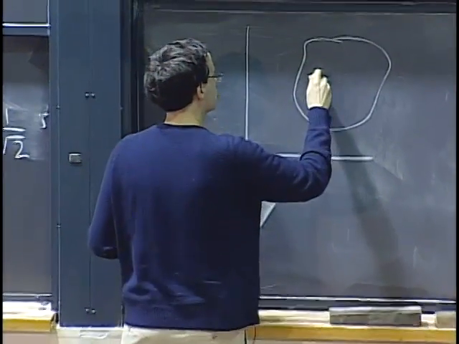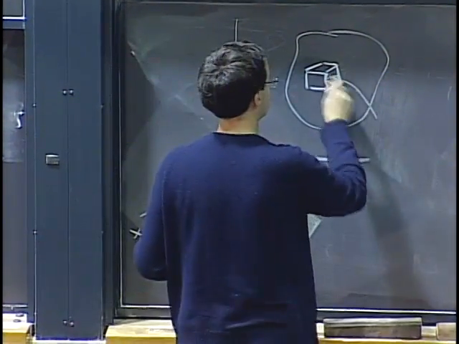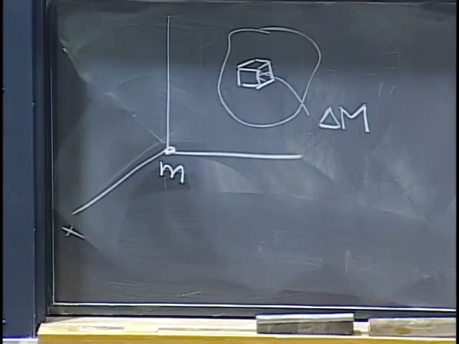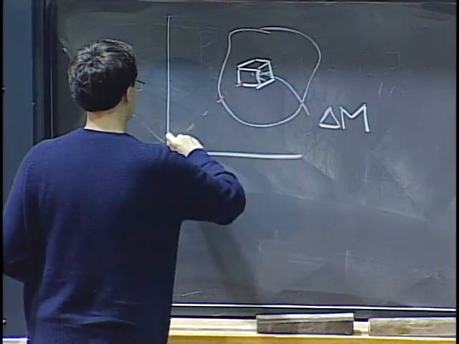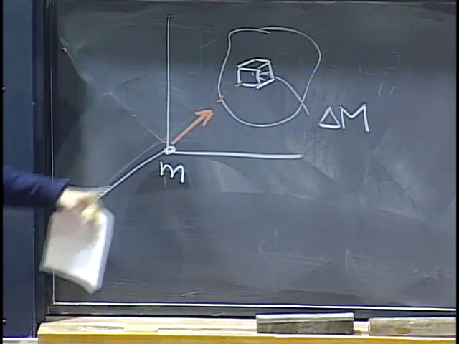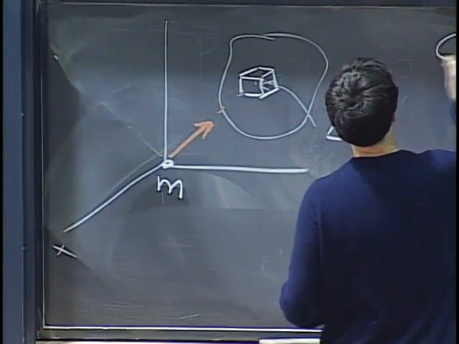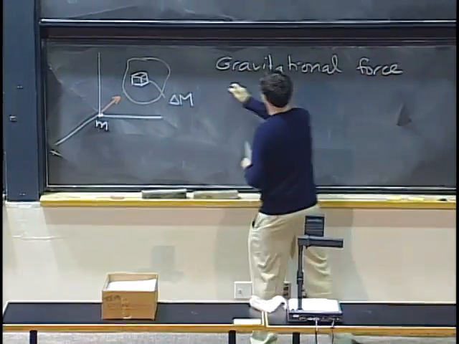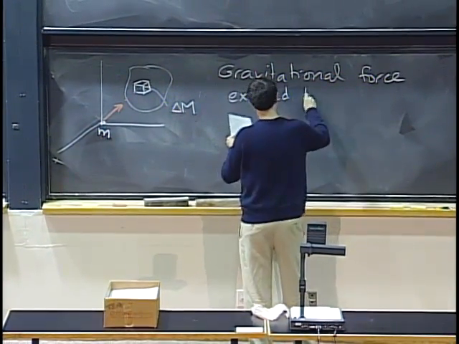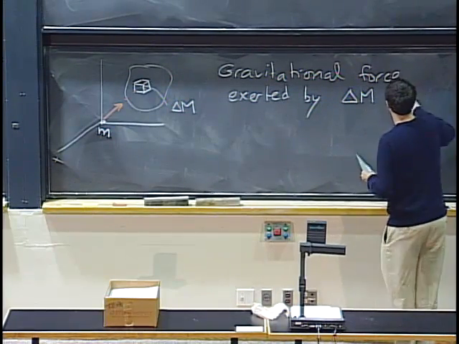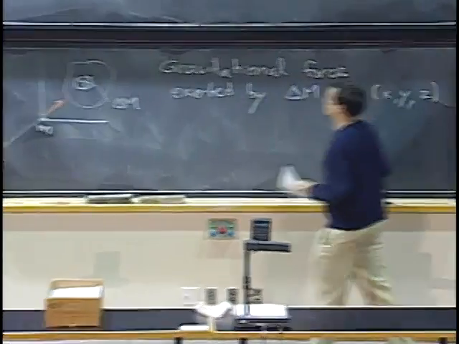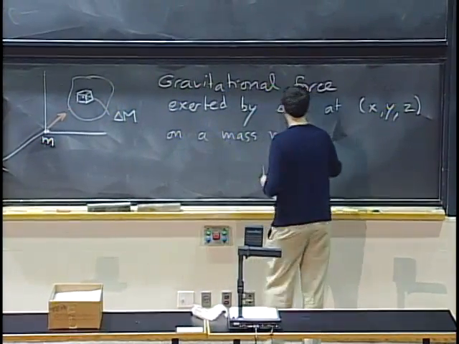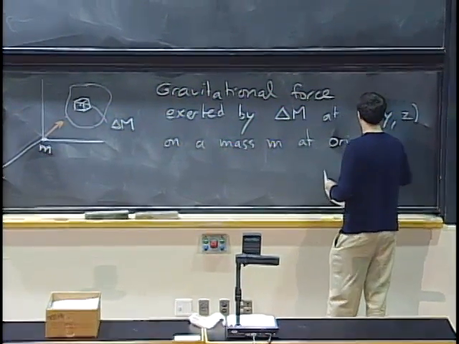Well, so then if I take a small piece of it with a mass delta m, then that portion of the solid exerts a force on me, which is going to be directed towards it and will have intensity. So let's see. The gravitational force exerted by a mass delta m at a point x, y, z in space on a mass m at the origin, well, we know how to express that.